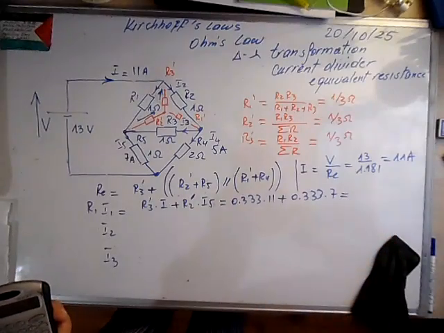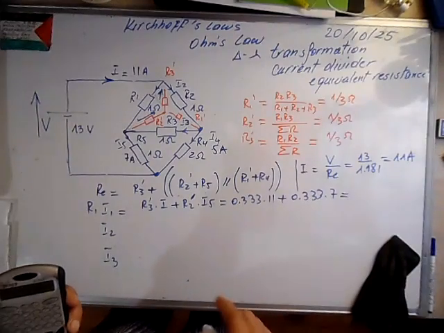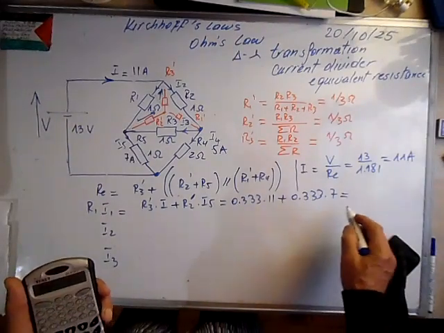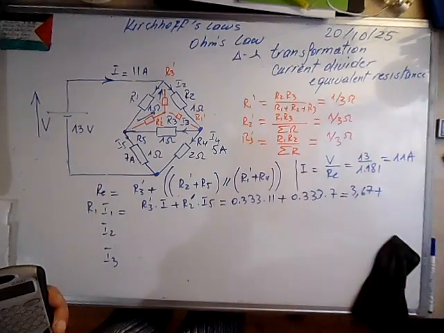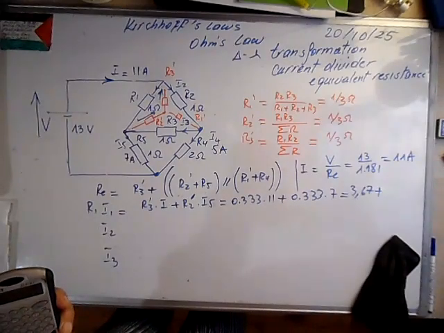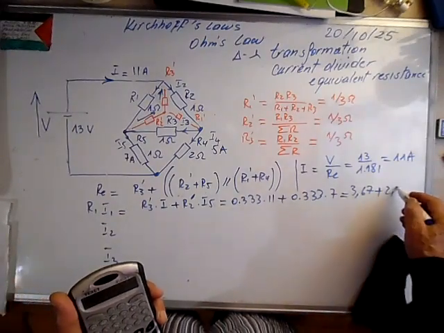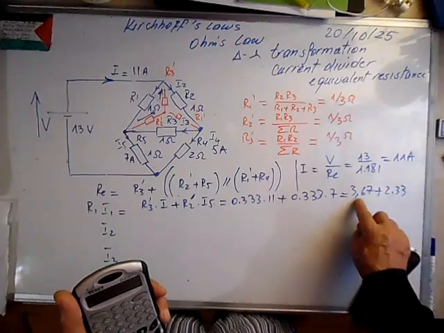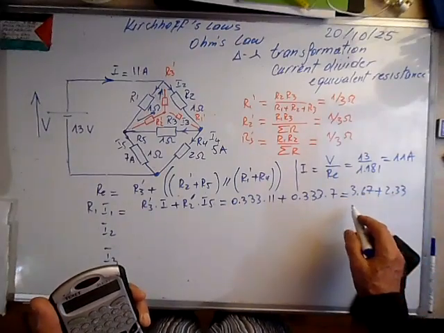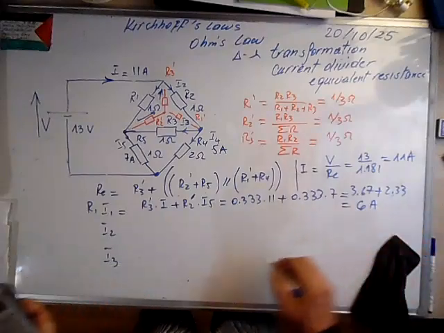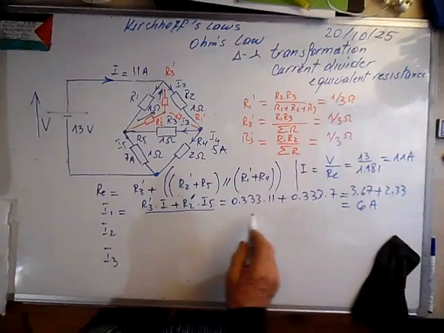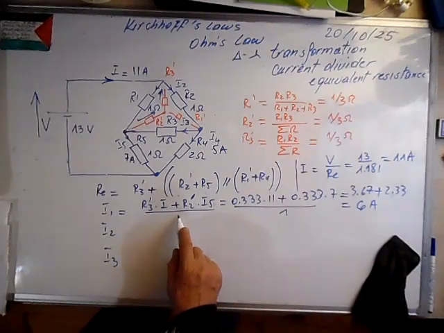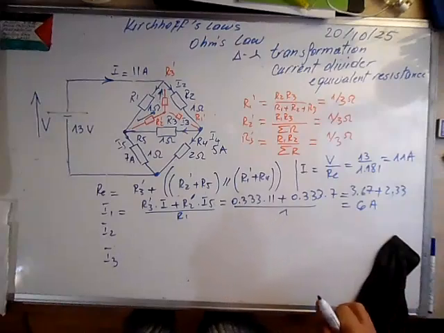So 0.333 times 11, this is 3.67, plus 0.333 times 7, this is 2.33. So it's 6 amps because R1 is 1, so it's divided by 1. So it means it's 6 amps.